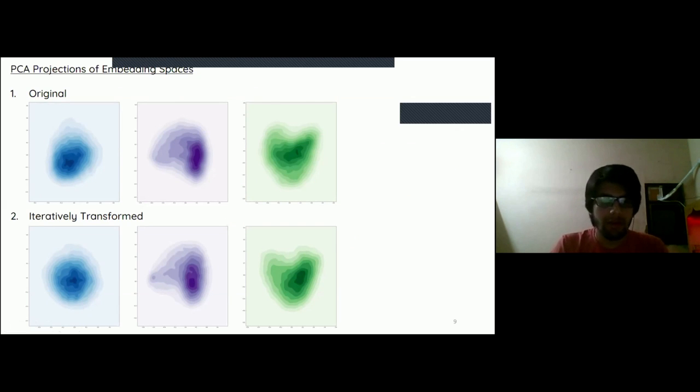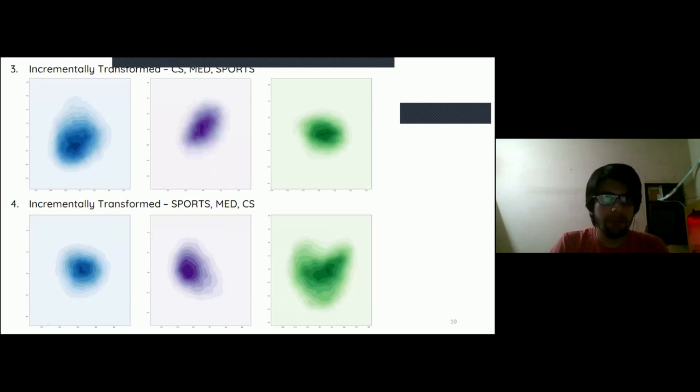However, if we see the incremental approach, here we pass the embedding spaces in this particular order: CS, medicine, and sports. And then we reverse the order, and you can see the results are actually quite different. So the order does make a huge difference. And one more thing to notice here is that the first embedding space which is passed, which is CS in this case, and sports in this case, the design is such that they will be exactly the same as the original embedding space.